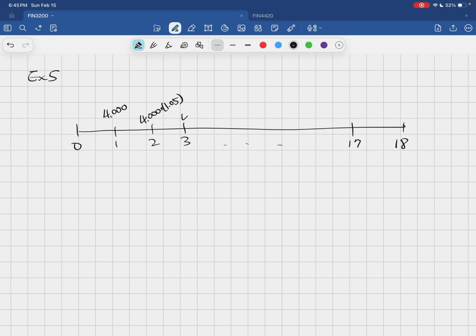In the third year, it will be 4,000 times 1.05 squared. And the pattern continues until year 18. So the last deposit will be raised to the 17th power. You won't actually need these numbers when you do the calculation, but I hope you understand what it looks like.